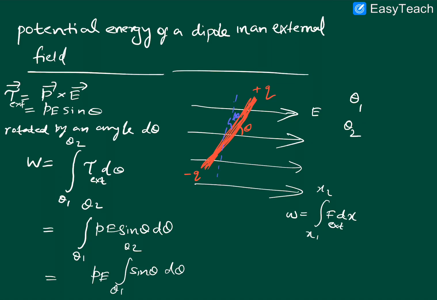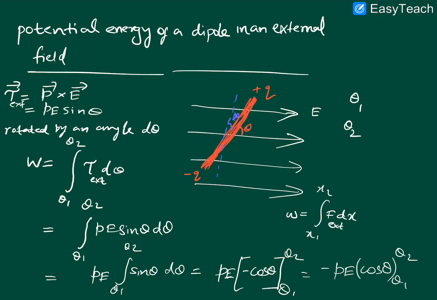What is the integral of sin theta d theta? That is minus cos theta. So you get pE into minus cos theta, and taking the minus out, minus pE cos theta, from theta 1 to theta 2.